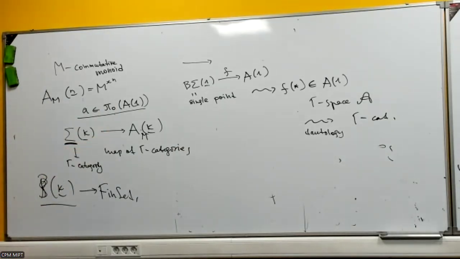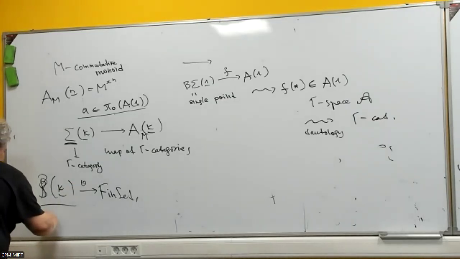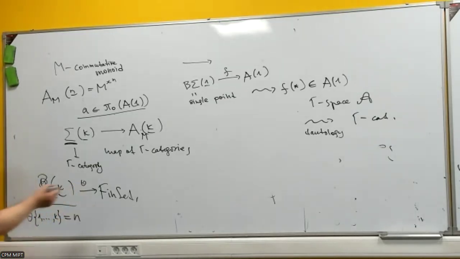So now I'd like to consider some interpretation of such a map. Let me consider such a map theta, and let us assume that from the entire set 1, 2, and so on up to k, the image of theta is n, some finite set with n elements.